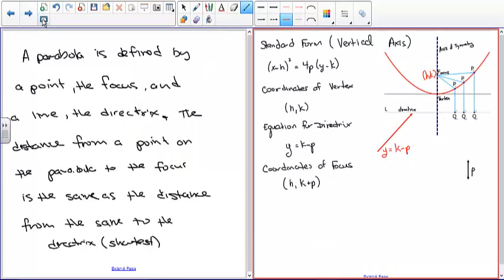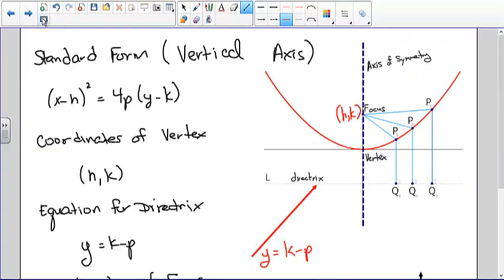So let me put this on one page. There are two standard forms for the parabola, depending upon whether you have a vertical axis or a horizontal axis. The one that we're used to is the vertical axis, y equals x squared. So the standard form is the quantity x minus h squared equals 4p times y minus k. And once you get the equation into that standard form, the values of h and k are the coordinates of the vertex.